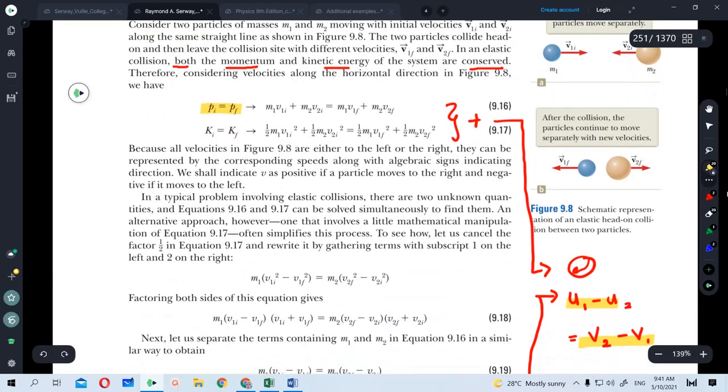This expression is actually a simplified version, a combination, when you agree that kinetic energy is supposed to be conserved. When we combine and rearrange these two expressions, we arrive at this one. Therefore, if you have elastic collision, in short, you have this expression to be used and also this expression to be used.